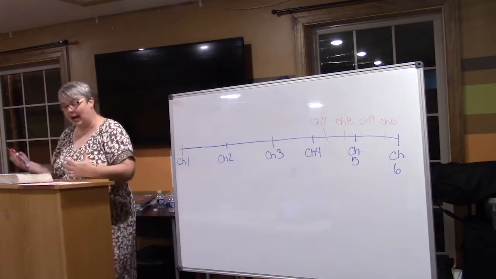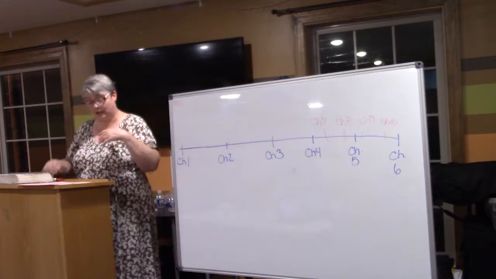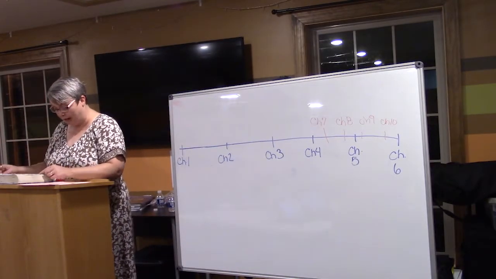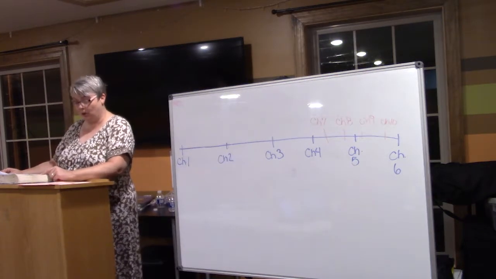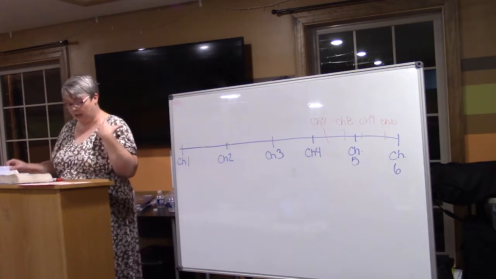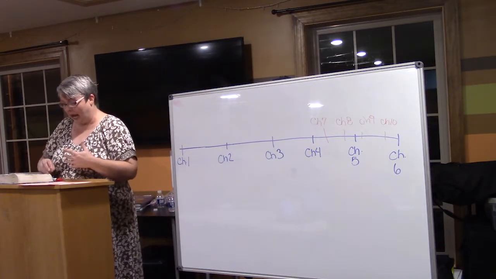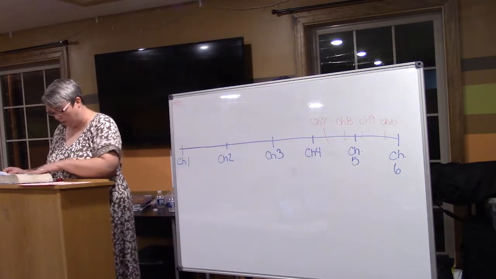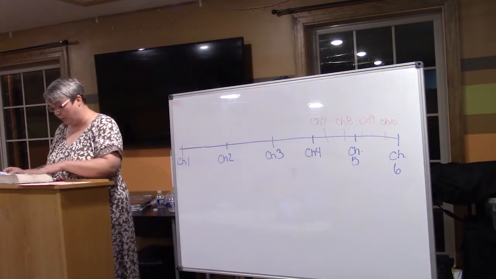What I think, and you guys please feel free to disagree, is that in chapter 10 verse 5, it talks about the man dressed in linen, and he told Daniel about this conflict. And we find out the man in linen was probably who?